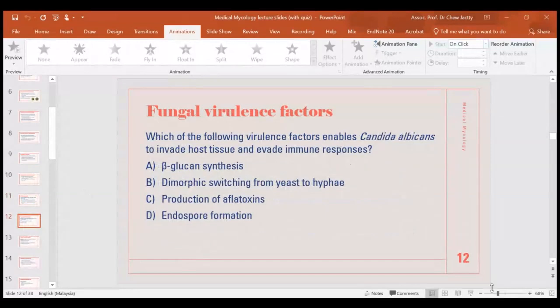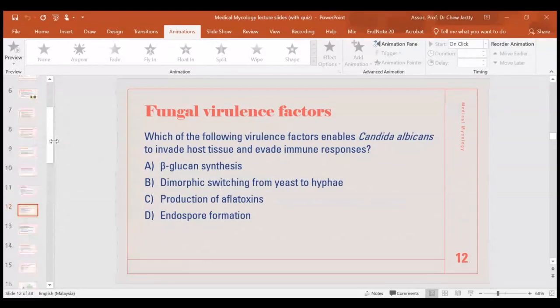So if we do a quick recap or quiz question: which of the following virulence factors enables Candida albicans to invade host tissue and evade immune responses? Would it be A, B, C, or D?